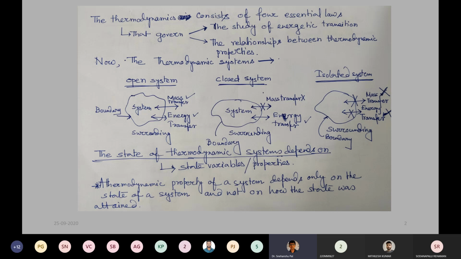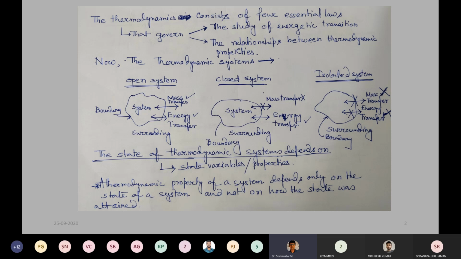So if you see that here there is a system. You have considered this system to do a certain investigation, and this boundary can be imaginary or real, and across the boundary mass, energy or entropy can transfer, and based on that transfer you will define different systems.